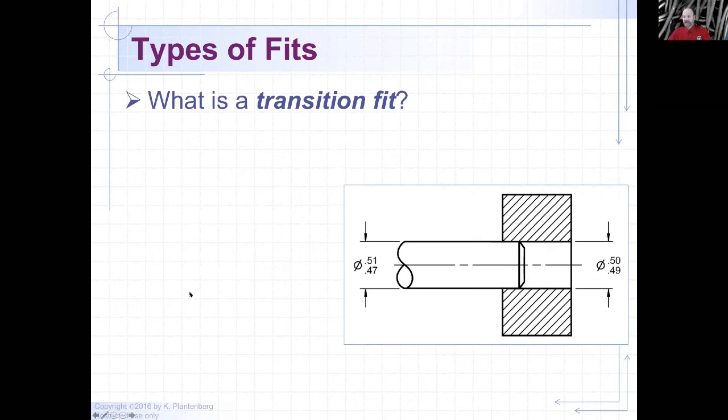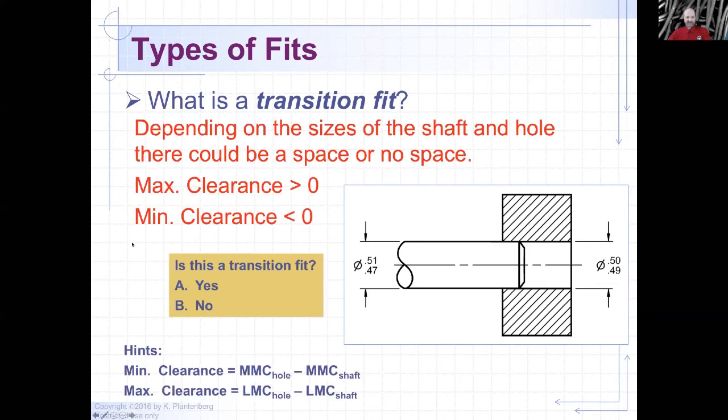Now we've got a transition fit. What is that? The maximum clearance is greater than 0 and the minimum clearance is less than 0. So it could slip a little bit, or it may not. You have to calculate two things, the maximum and the minimum clearance. So is this a transition fit?